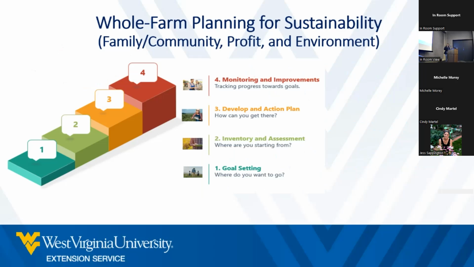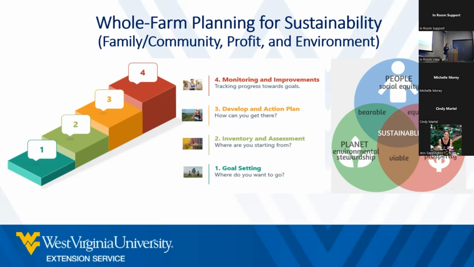So when we talk about the sustainability approach to business planning, we talk about that whole farm. And when we talk about sustainability, we talk about generally the 3 pillars of sustainability, right? People, profit, planet. So 1, we want to build profitable businesses. 2, we want to make sure that we are paying attention to the operators and the customers and the employees.